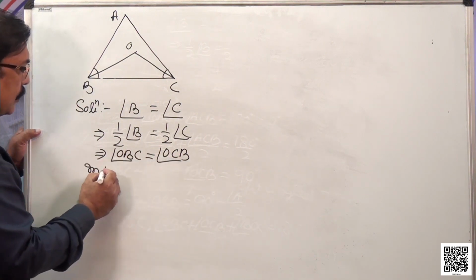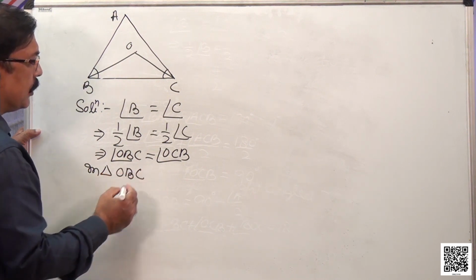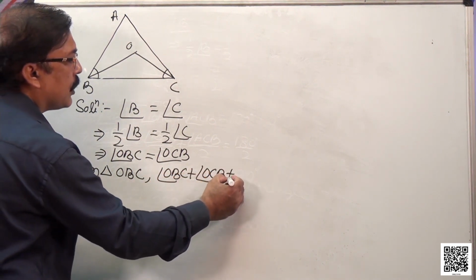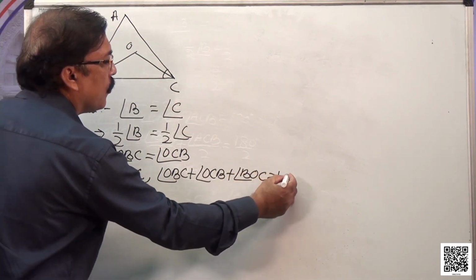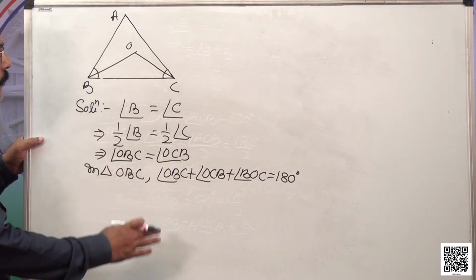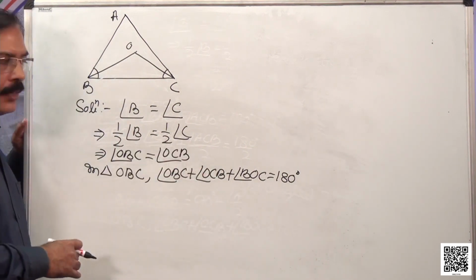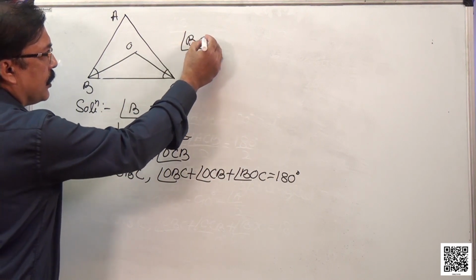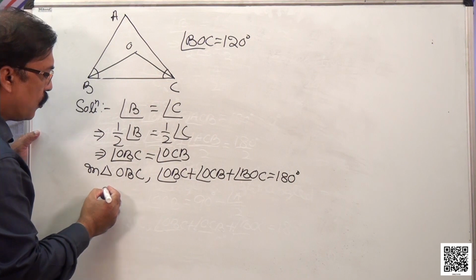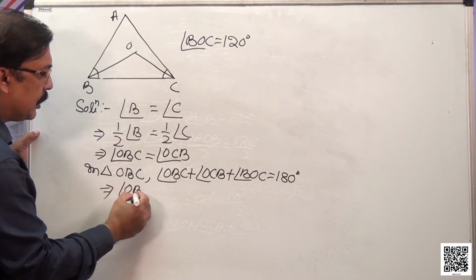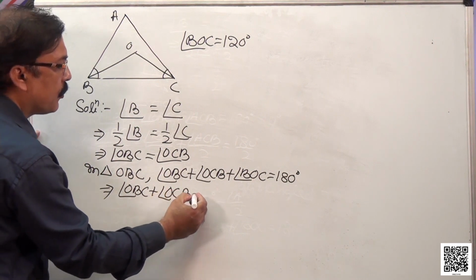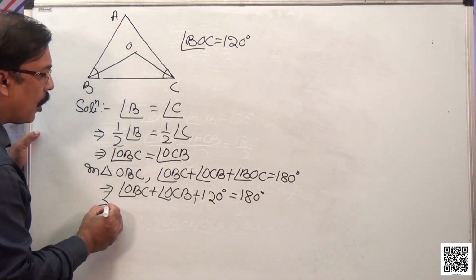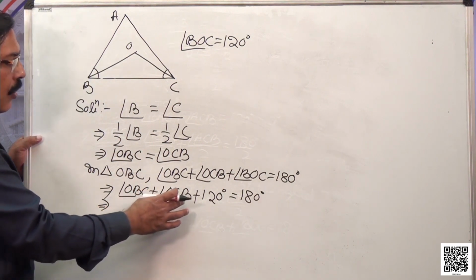Now in triangle OBC we have angle OBC plus angle OCB plus angle BOC is equal to 180 degree. Now you see OBC and OCB are equal, and given that angle BOC is equal to 120 degree, we can write that angle OBC plus angle OCB plus 120 degree is equal to 180 degree, or in place of OBC we can also write OCB.